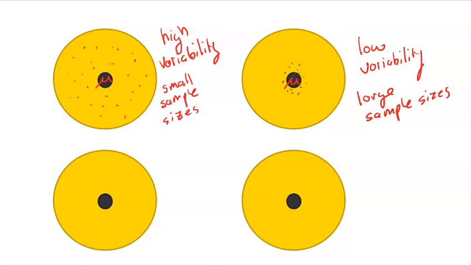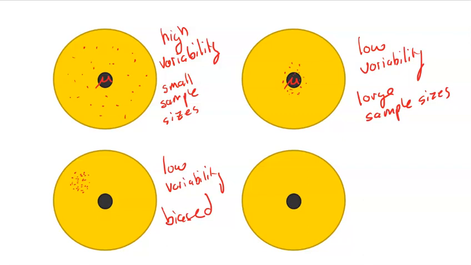Now, something else that can happen is this. If you have a biased estimate, you have a bunch of samples that are all coming back somewhere over here. So you actually have low variability. All of those arrows are really close to each other, but they're way far off from the truth. This is going to create a bias, meaning something is happening.